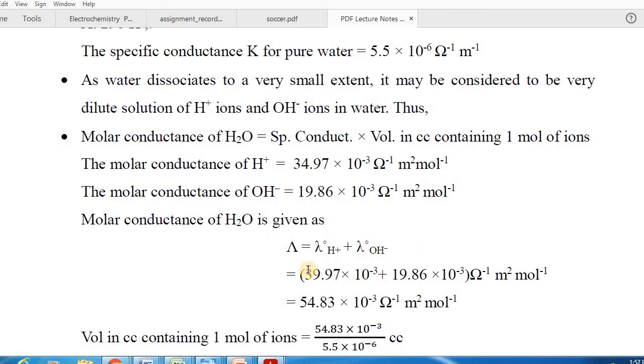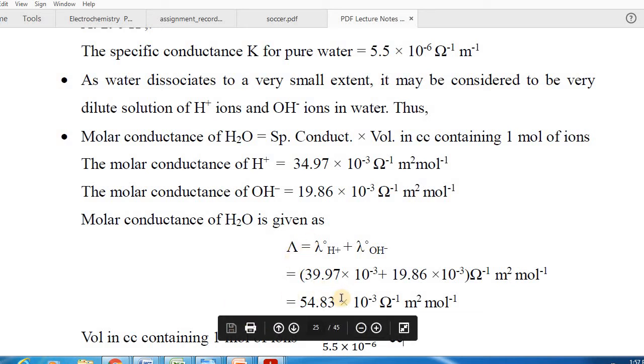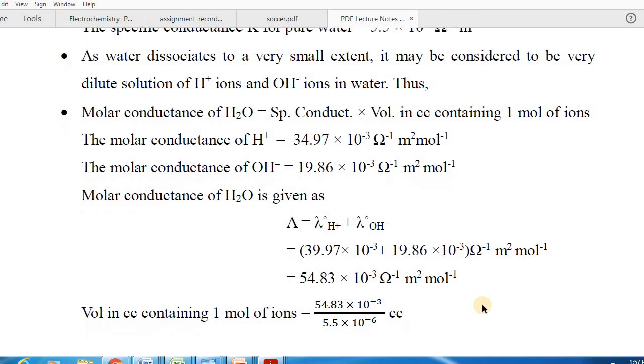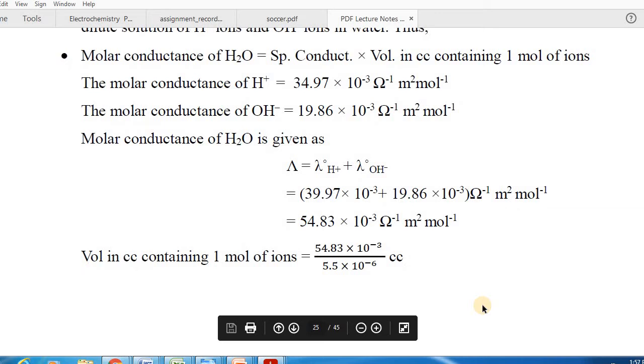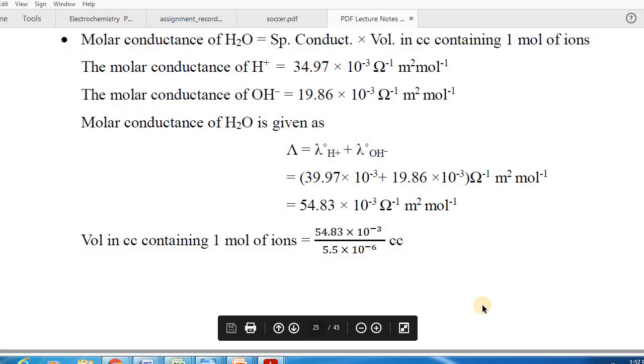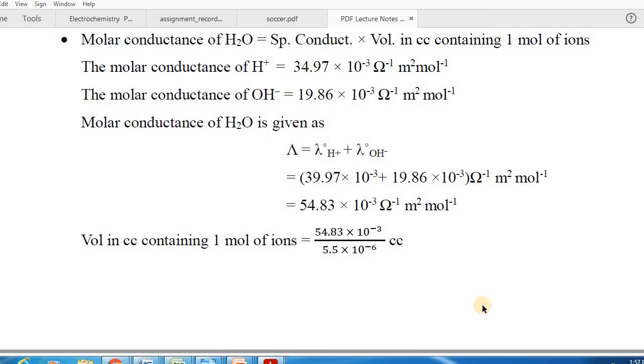So we are having total molar conductance is equal to 54.83 into 10 to power minus 3 ohm inverse meter square per mole. So from here we can say the volume in centimeter cube containing 1 mole of ions will be equal to 54.83 into 10 to power minus 3 divided by 5.5 into 10 to power minus 6 centimeter cube.